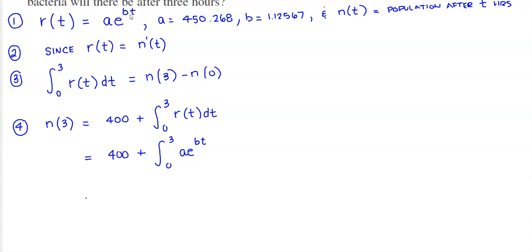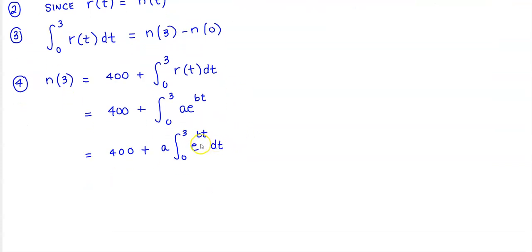And so then what is the antiderivative of that? Well, if we take out the constant, which is a, and then we're going from 0 to 3, we have e to the bt dt. Now we need to find the antiderivative of that.